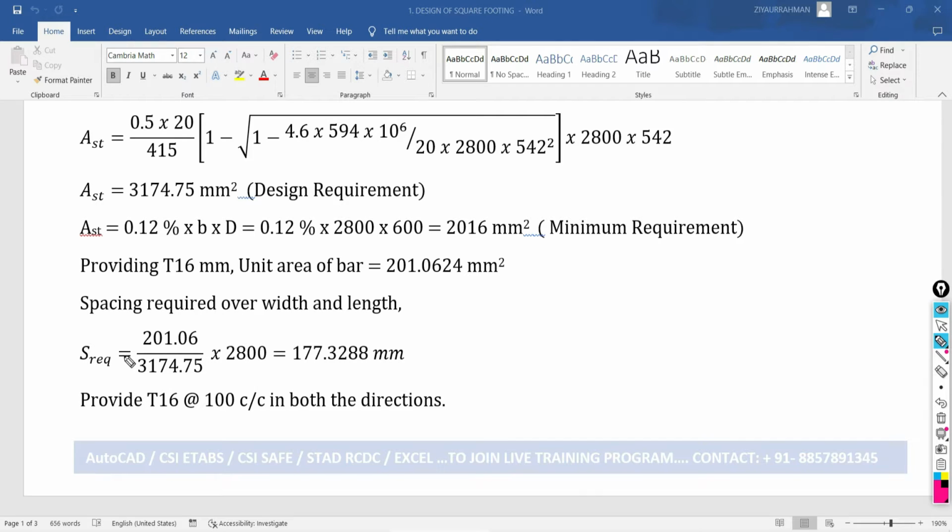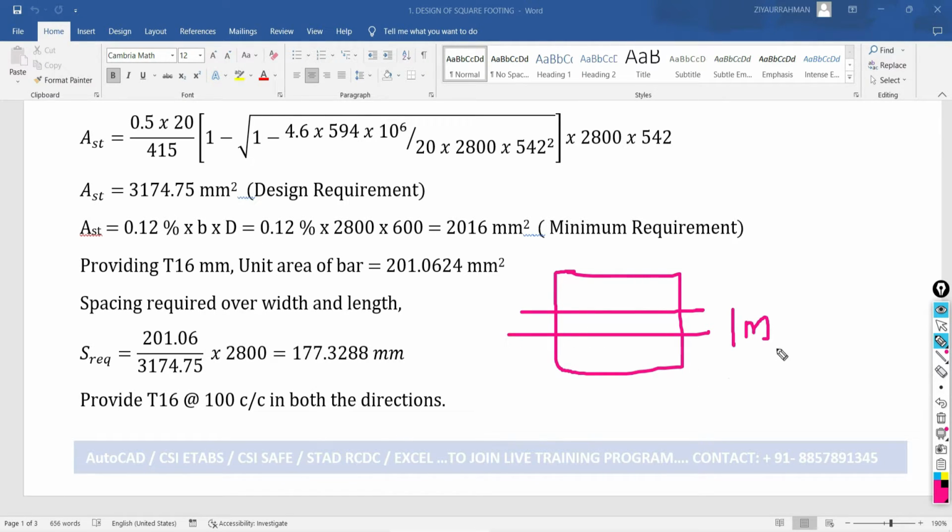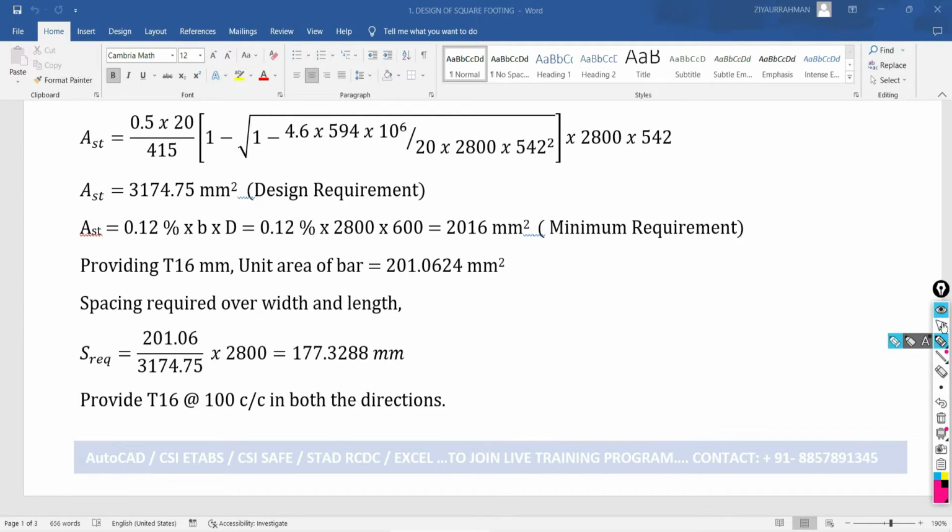Spacing required is equal to unit area divided by total design area multiplied by the width considered from the start. As I told you, if you have considered the full width, you have to use the same width throughout the calculation. If you do the calculation for 1 meter width, then use 1 meter everywhere. But in our example we have considered the full width, so I am going to put the same full width. Remember, don't make the mistake.